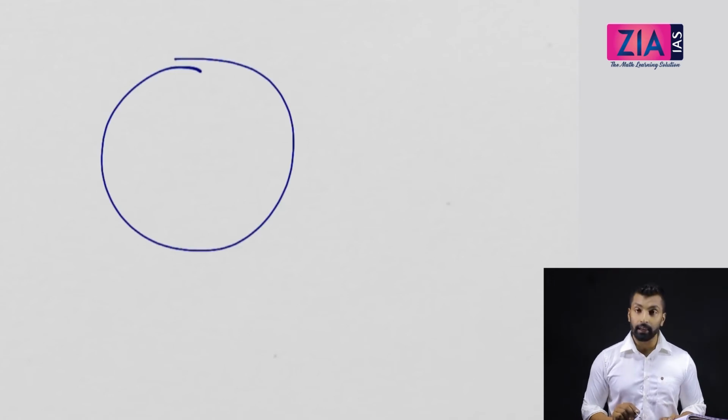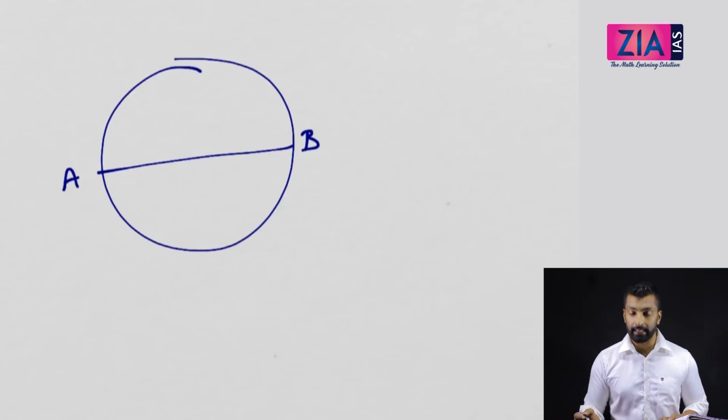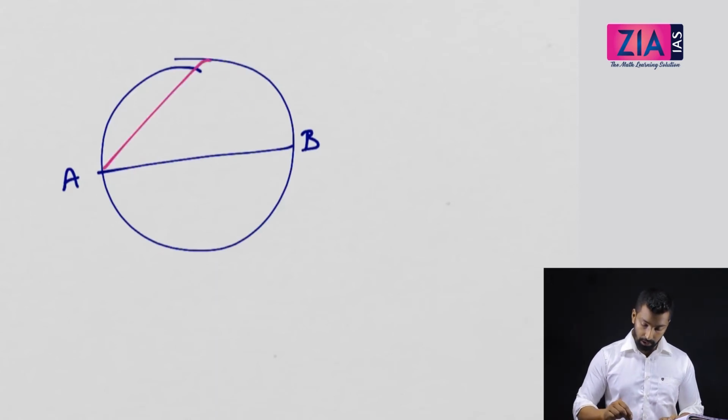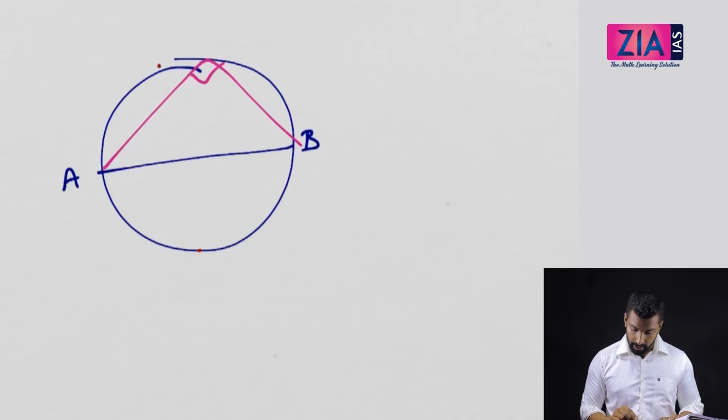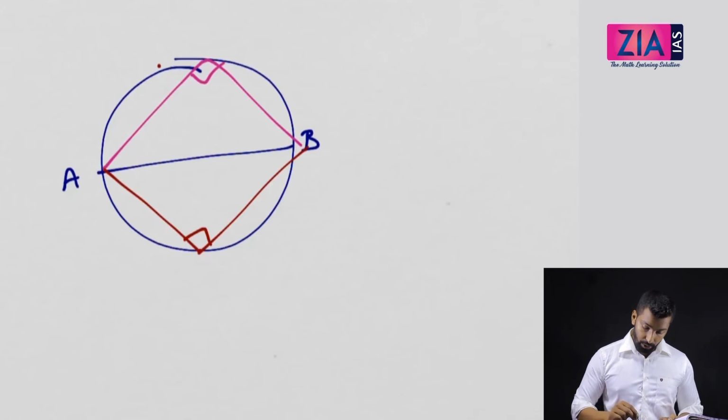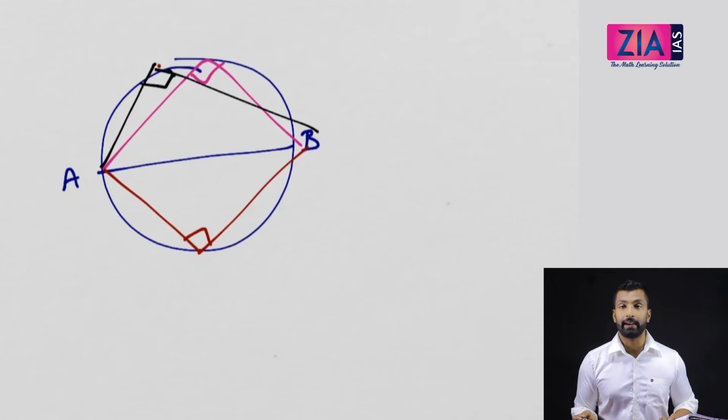You have a circle, and AB is the diameter. Now if you put a point anywhere on the circle and draw lines like this, then this angle will be 90 degrees.